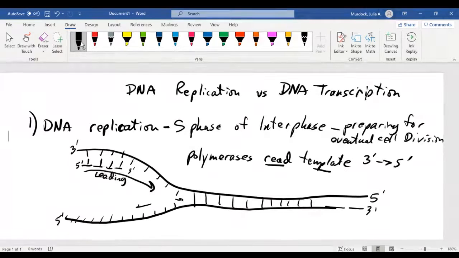And this would be the lagging strand that gets done in pieces because it has to keep going back and starting again, going back and starting again. So this would be lagging, right? All right.